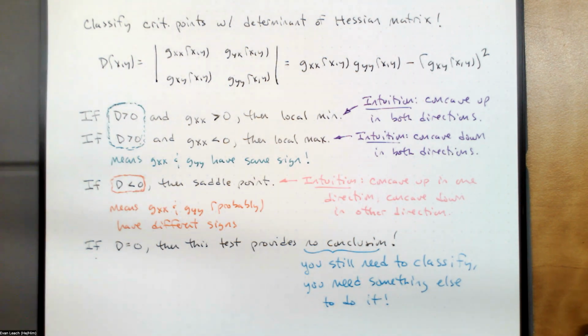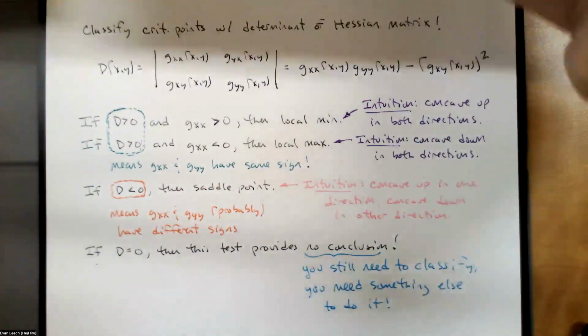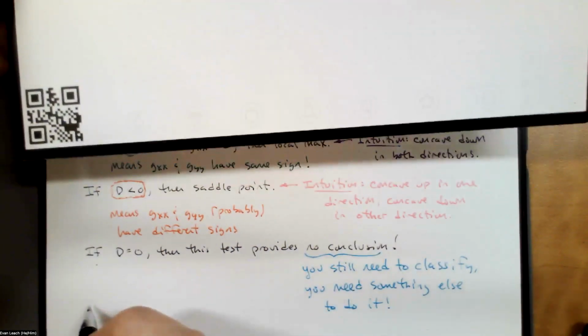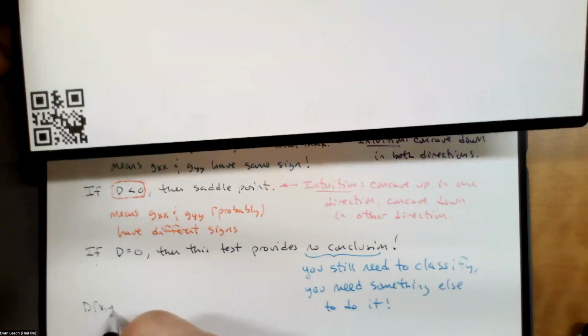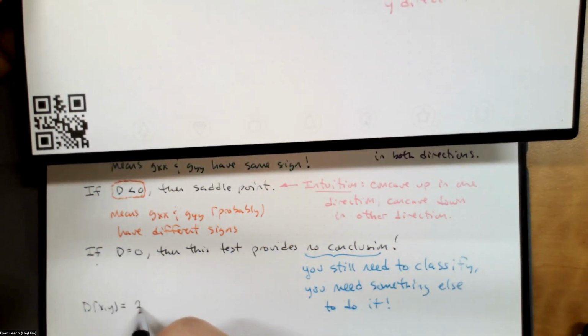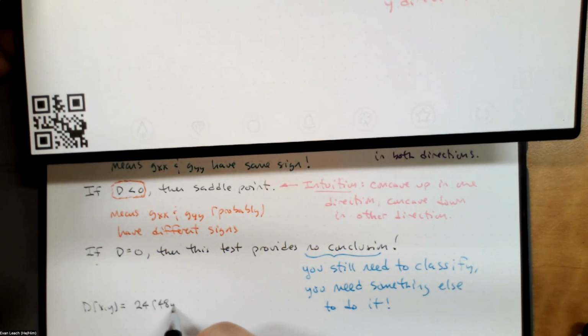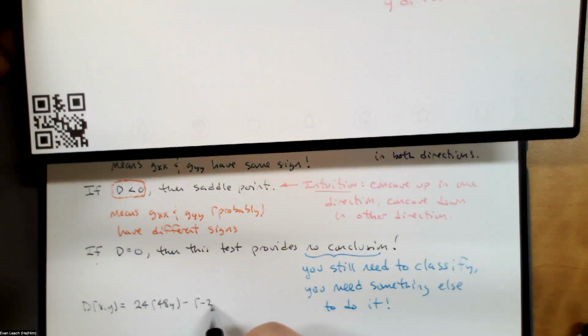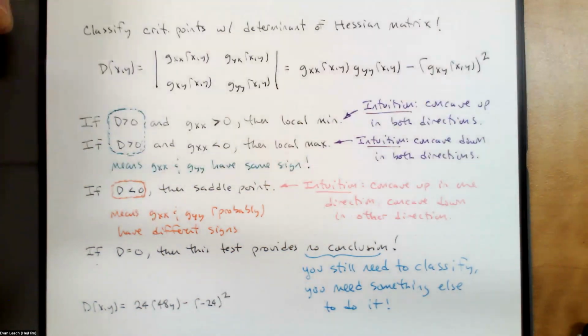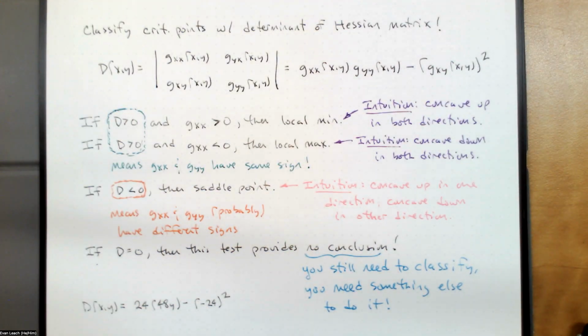So in this case, for our example, our D of x, y function will be 24 times 48y minus a negative 24 squared. We can see that this is going to be positive at 1, 1 and negative at 0, 0.